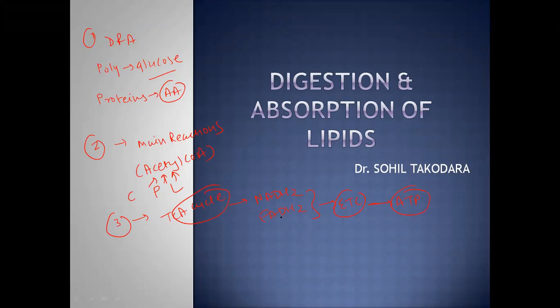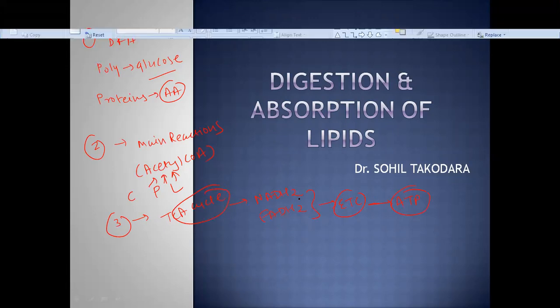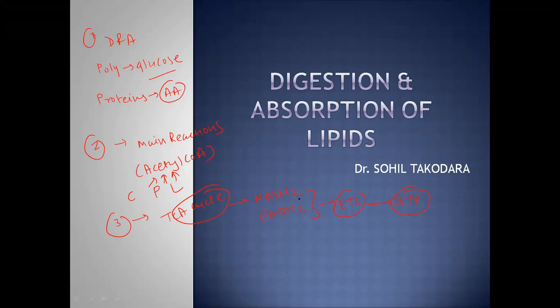Okay, so this is the process by which we are getting energy from our main molecules, that is the carbohydrate, proteins and lipids. So you have already learned about the carbohydrate and protein metabolism. So similarly in lipid, we'll start with the digestion and absorption of lipid, where we will convert a complex lipid molecule into its simpler form.